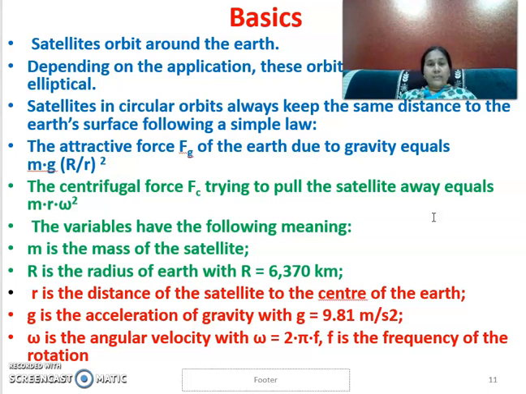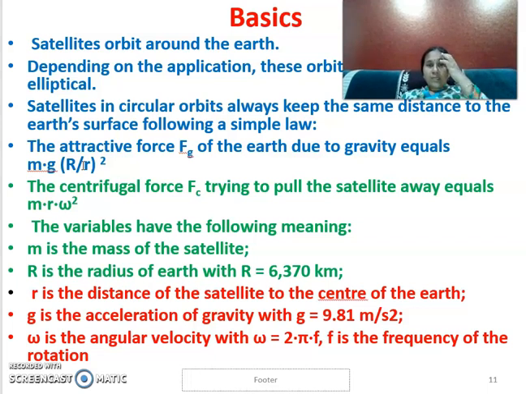If we take the expression for the gravitational force, represented as Fg, the force due to gravity, it is equal to m g (R/r) whole square, where m is the mass of the satellite, g is the gravitational acceleration, capital R is the radius of the earth, and small r is the distance from the satellite to the center of the earth.